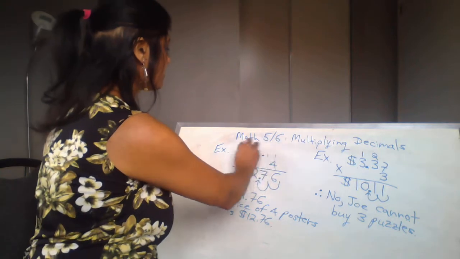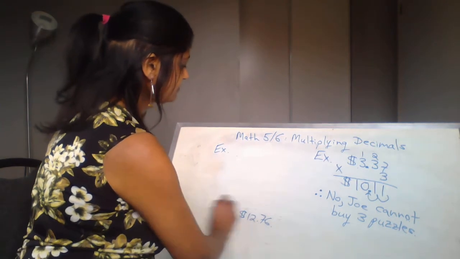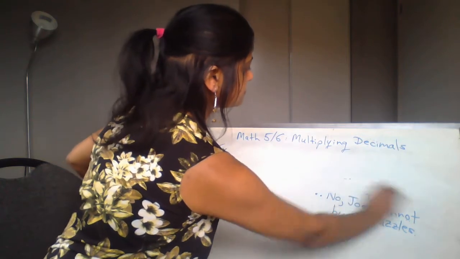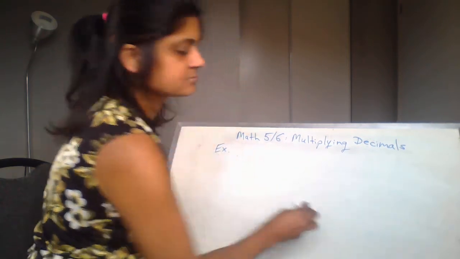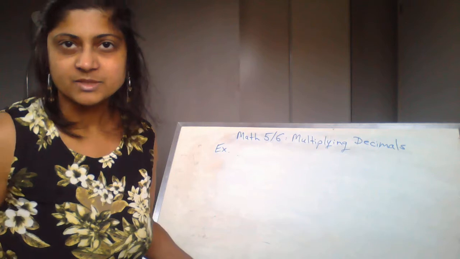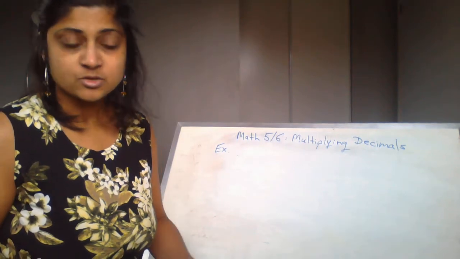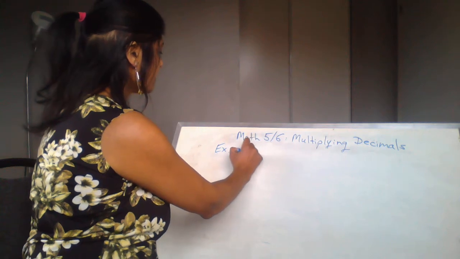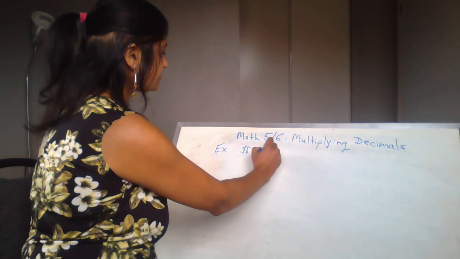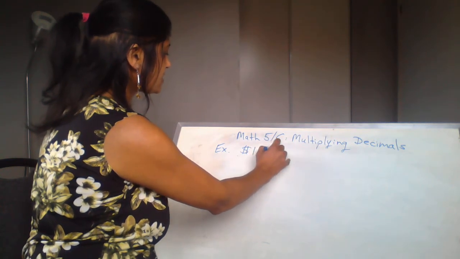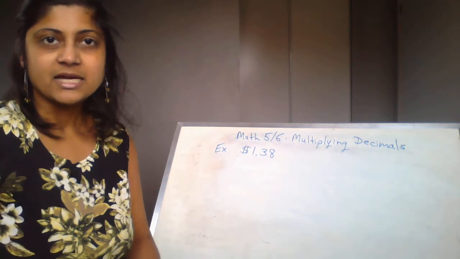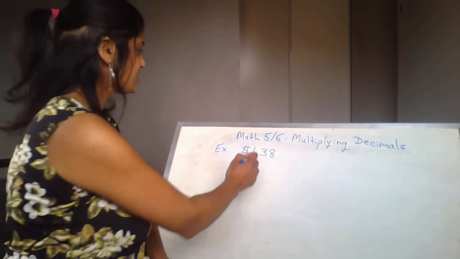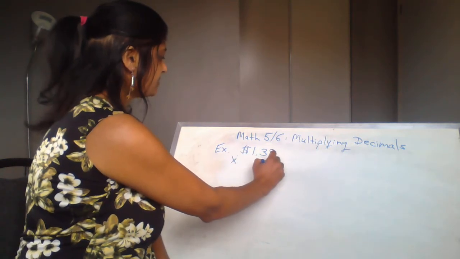So I'm going to take this off. And just like that, let's try an application question. So let's do something like you going to the candy store. And a piece of candy costs $1, and let's put 38 cents. And I want to buy 5 candies for 5 of my friends. So we're going to times this by 5.